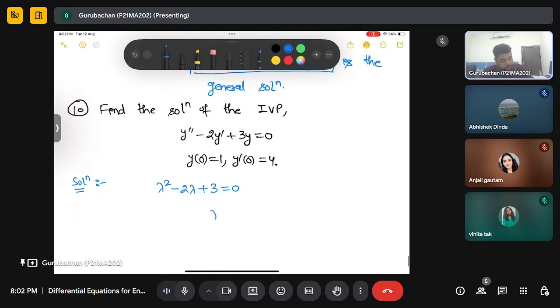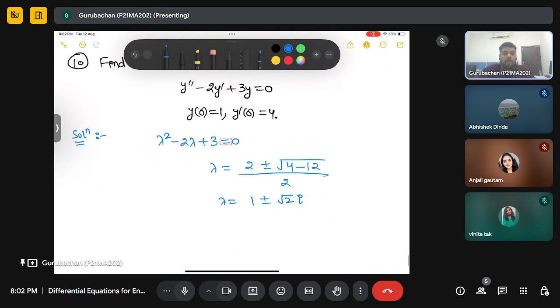Now, if you observe, it will have imaginary roots. So 2 plus minus under root 4 minus 12 divided by 2, which will give you 1 plus minus under root 2 i. So we know that our solution is of the e to the power lambda x form.